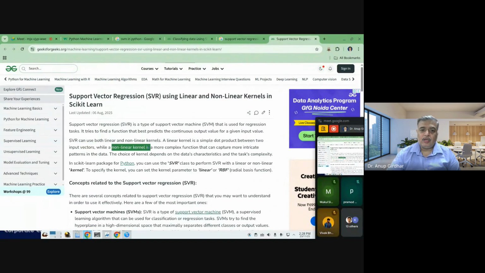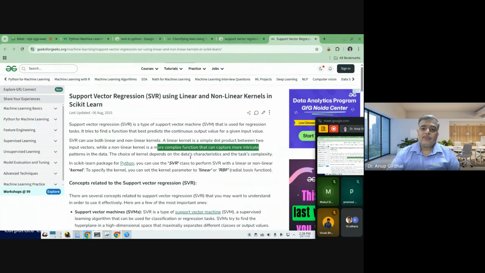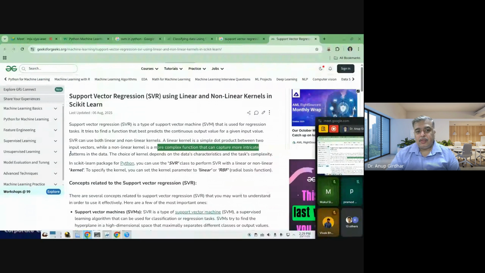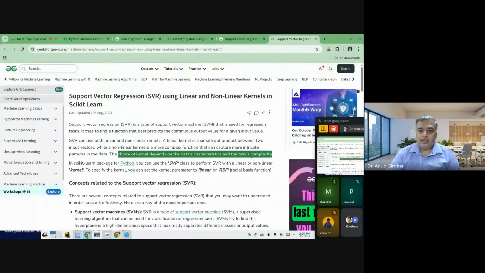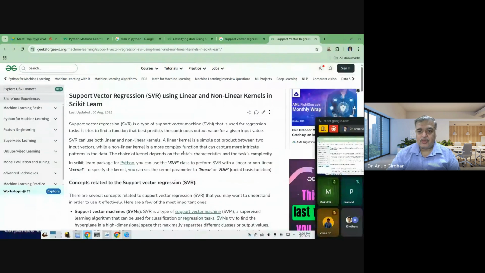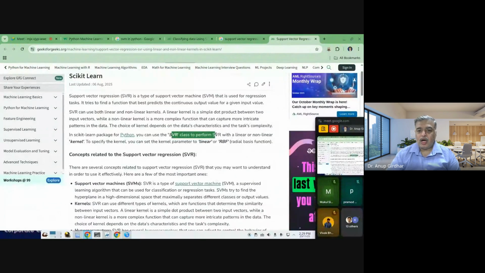While a non-linear kernel is a more complex function that can capture more intricate patterns in the data. So the choice of kernel depends on the data's characteristics and the task complexities based on SVR. So R is again regression with the support vectors.